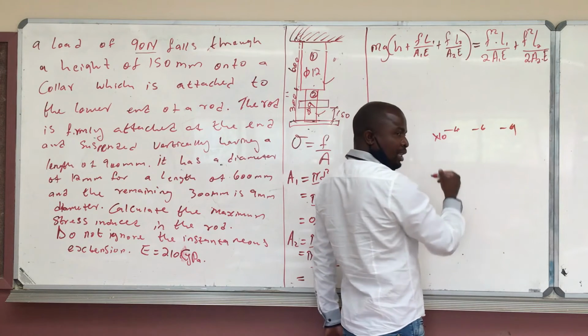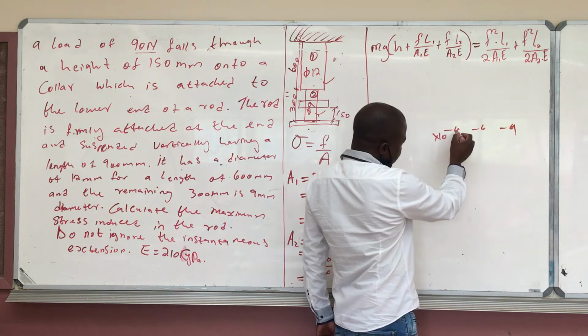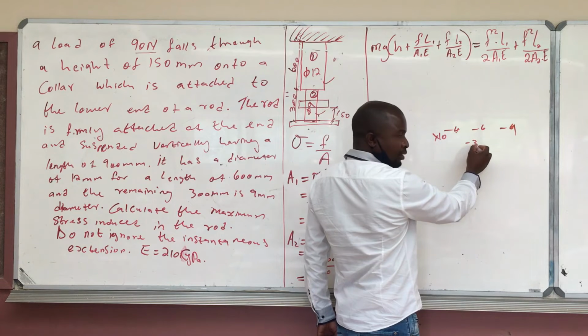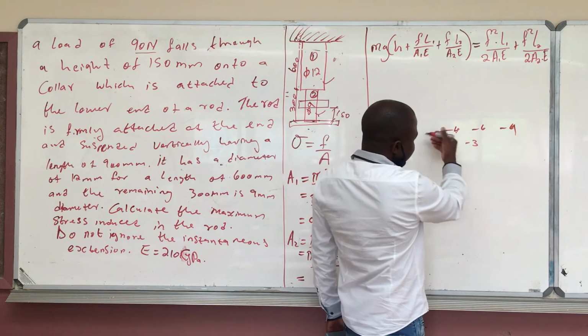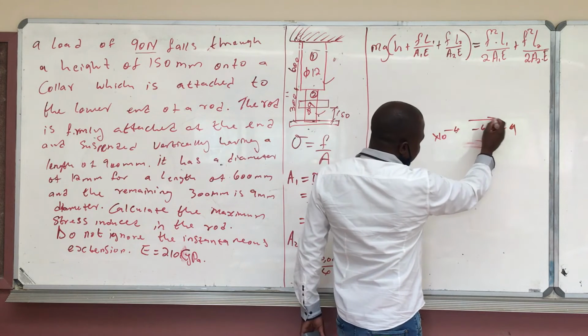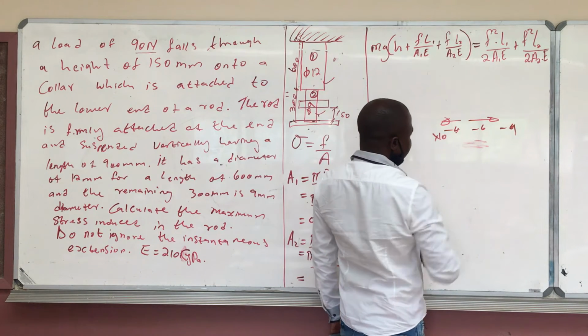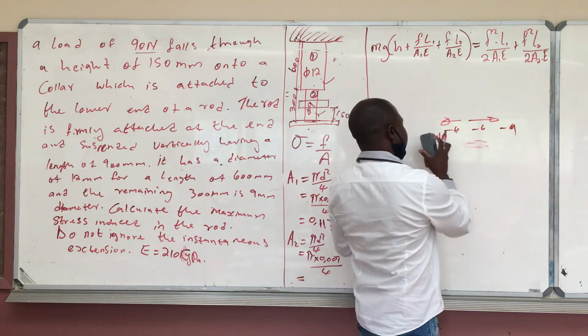If you start with shift, from -4 it will go to -3.